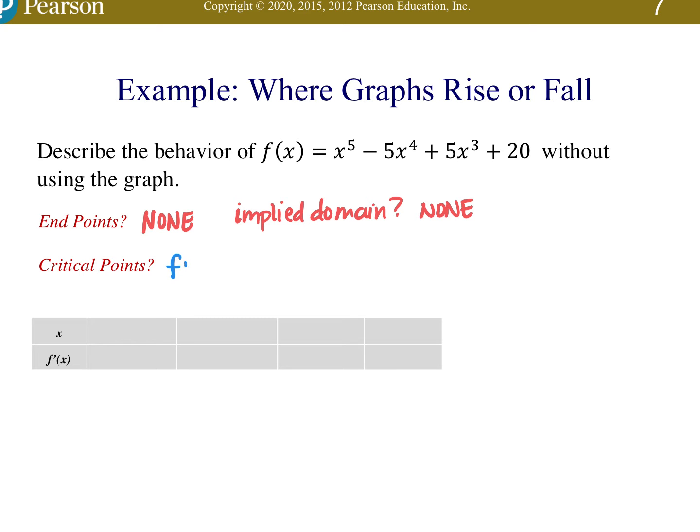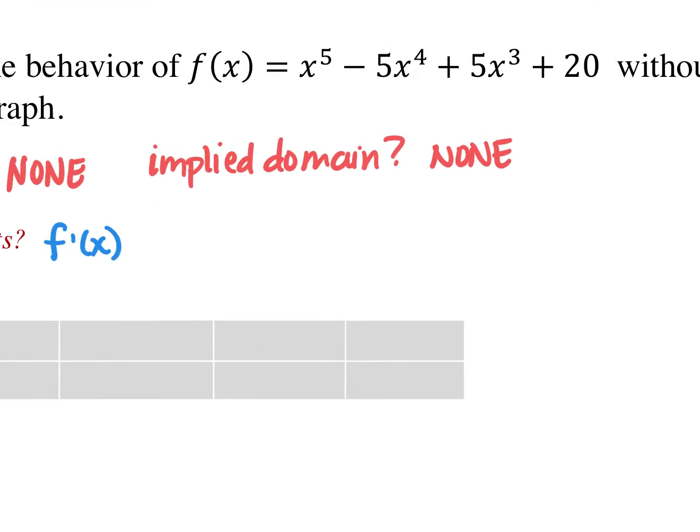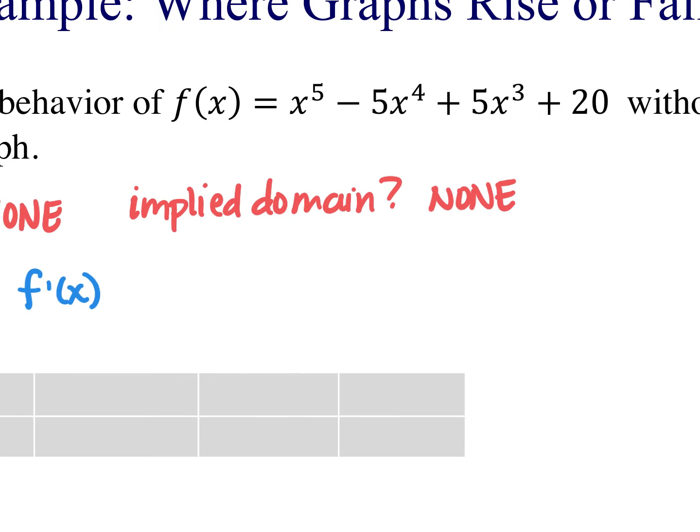So my critical points will come from f prime of x. So let's work out the f prime of x. That works out to be 5x to the 4th minus 20x to the 3rd plus 15x squared. What do you notice all that has in common? Okay, x and 5.